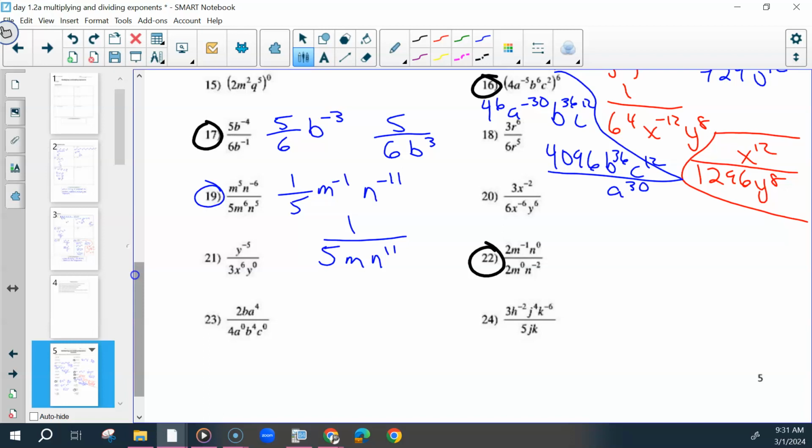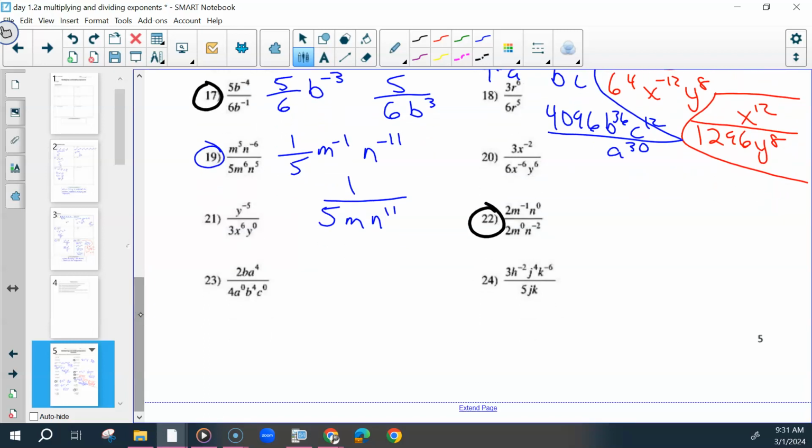And then in 22, you have a bunch of zeros and negative exponents. You can deal with those first or subtract and deal with those after. It's up to you. So 2 divided by 2 is just 1. Negative 1 minus 0 is m to the negative 1. 0 minus a negative 2 is n to the positive 2. M comes down.